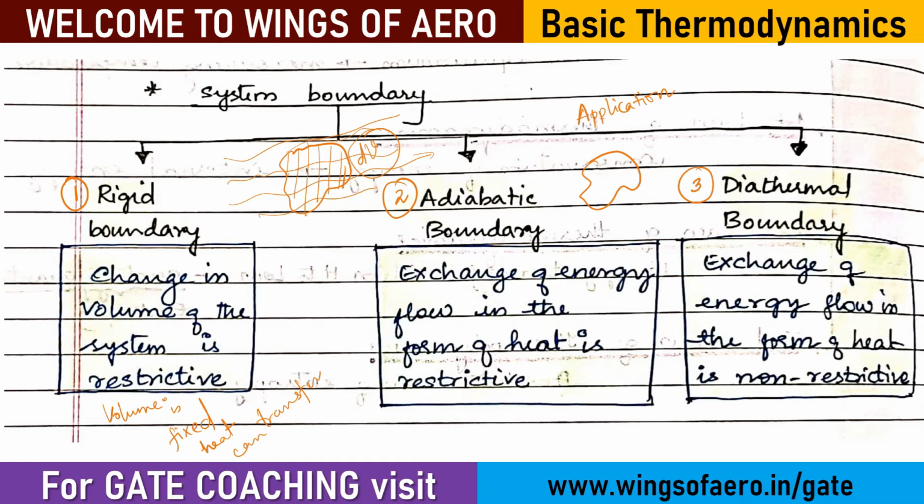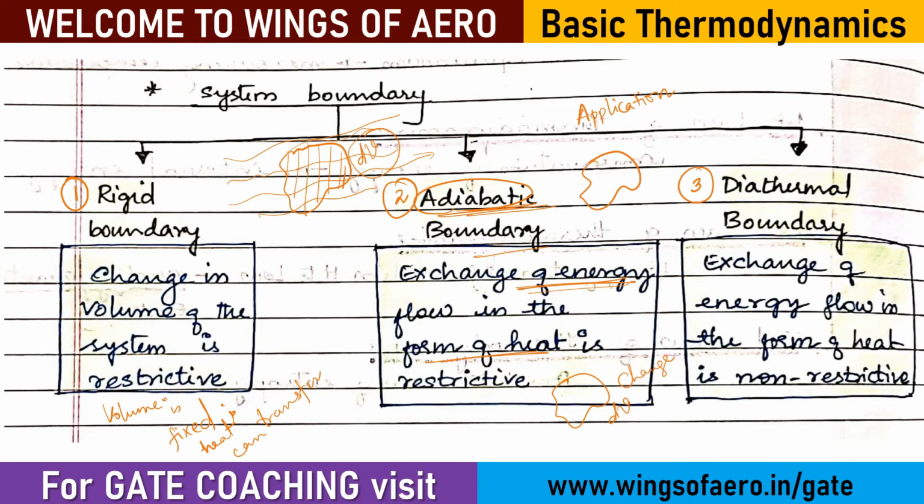But in the case of an adiabatic boundary, the volume can change, but there will not be any exchange of heat. You can understand that from the word adiabatic: no heat is added into the system.